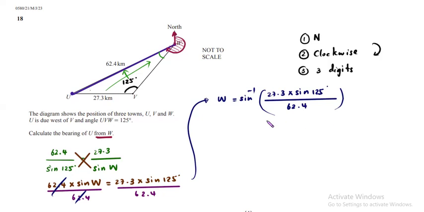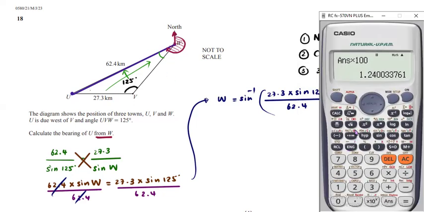So now I'm going to put this in the calculator and see what I get as the angle for W. That will be this angle. So let's put this in the calculator. We have inverse of sine, and I'm going to put the fraction: 27.3 times sine of the angle, which is 125, and in the denominator, I have 62.4.